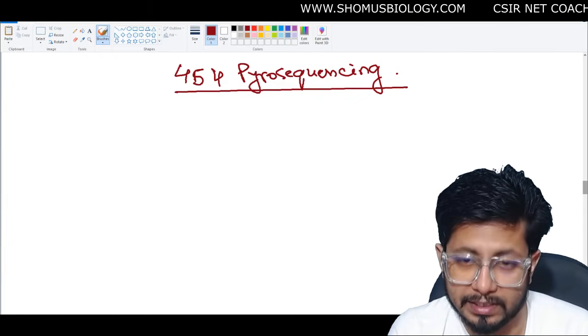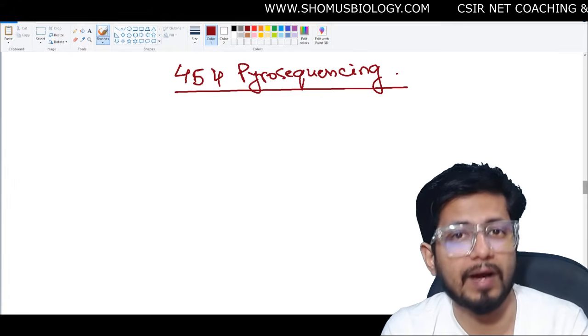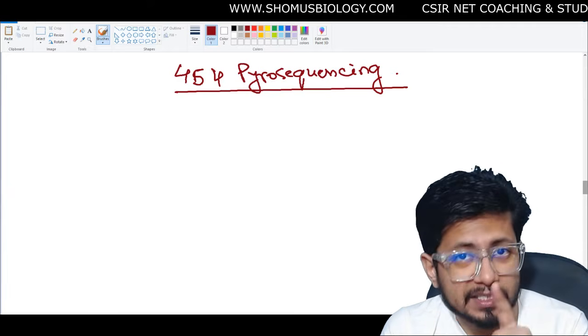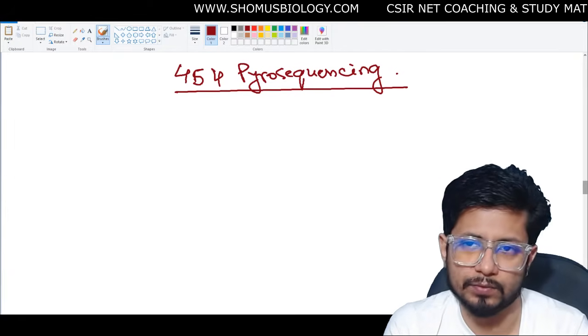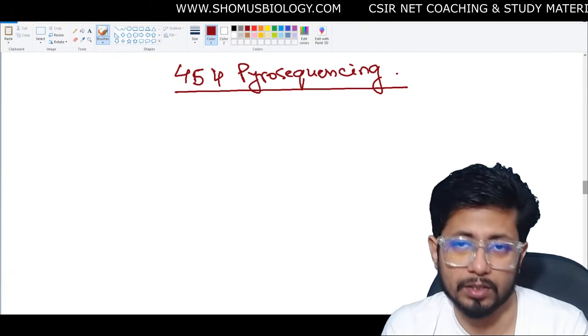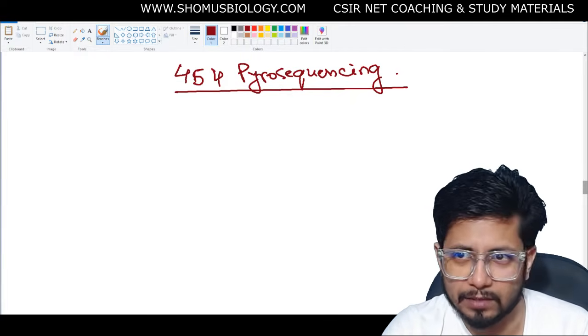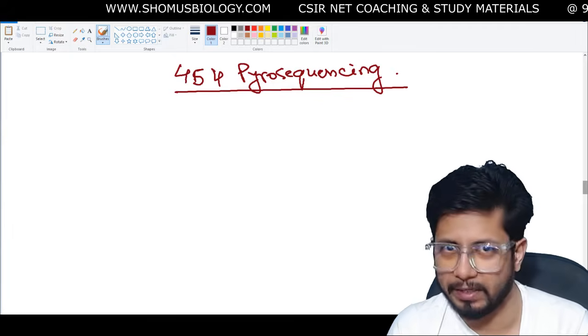And also 454 pyrosequencing is faster than the Sanger sequencing, but it is not cheaper, it is expensive. And in recent years, we have advancement of DNA sequencing technology, and we use Illumina sequencing, which is even faster than 454 pyrosequencing and comparatively cheaper than 454 pyrosequencing.